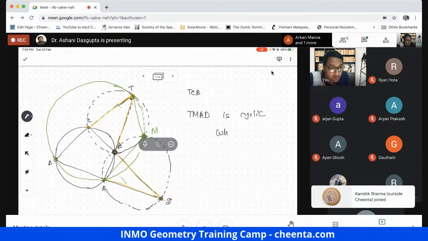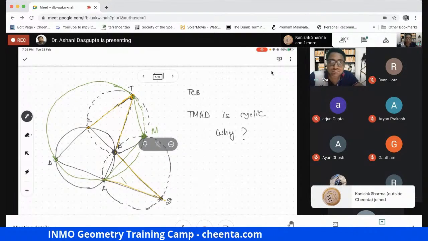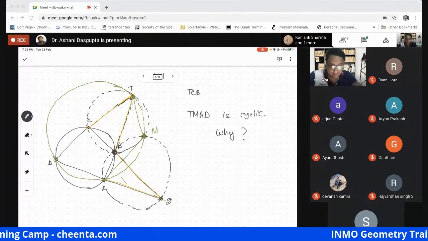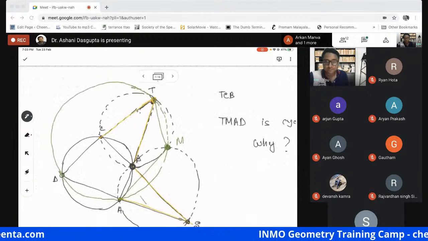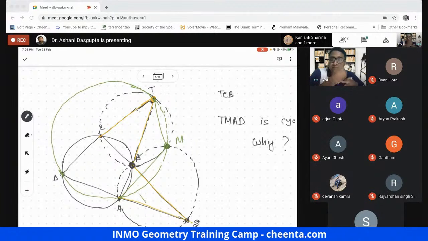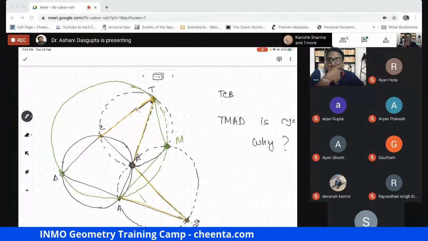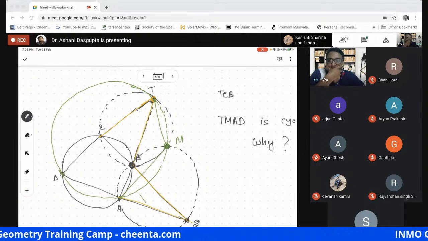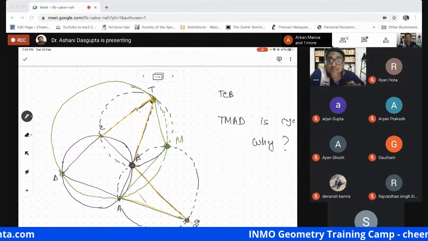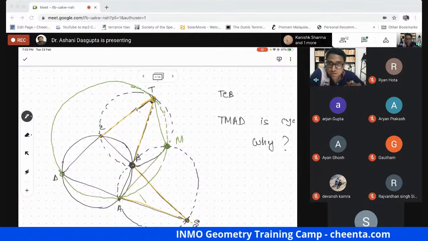Why? Maybe a couple of minutes time for that. As June rightly pointed out, this is just angle chasing. You don't need to worry too much.